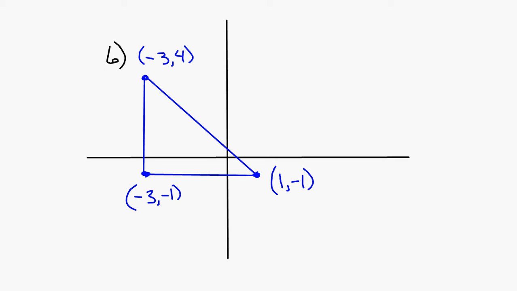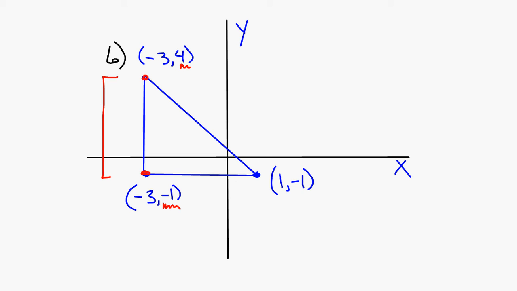Bisectors of the sides. So you need to find the middle of this vertical side. This is your y-axis. This is your x-axis. If you find the middle of this left side, it goes from 4 to -1. So it's 5 units long, isn't it? It goes from -1, right here on the y-axis, up to 4.